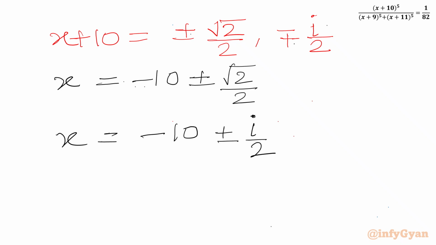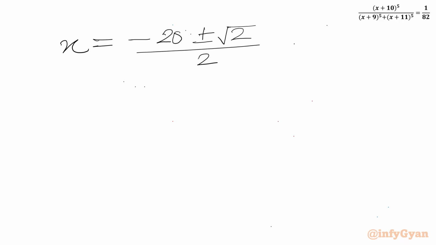Now I will consider LCM. So we can write our final answer as x will be equal to minus 20 plus minus root 2 over common denominator 2, and complex solutions will be minus 20 plus minus i over complete denominator 2.